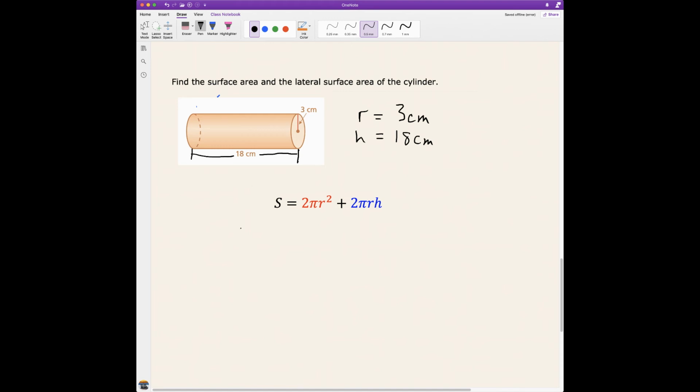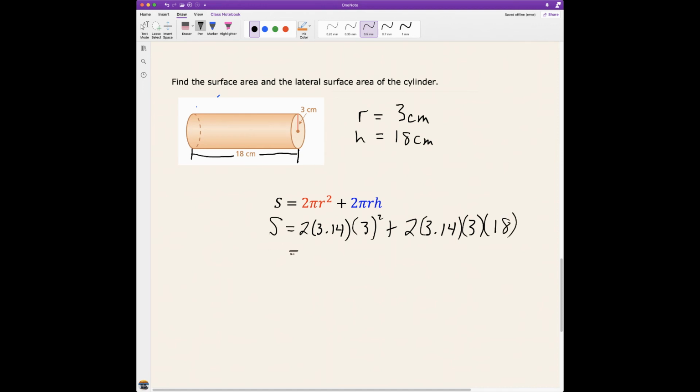Okay, so let's just plug this into the formula. Surface area is 2, pi is 3.14, the radius is 3 squared, plus 2 times 3.14, again, times the radius, which is 3, times the height of the cylinder, which is 18.